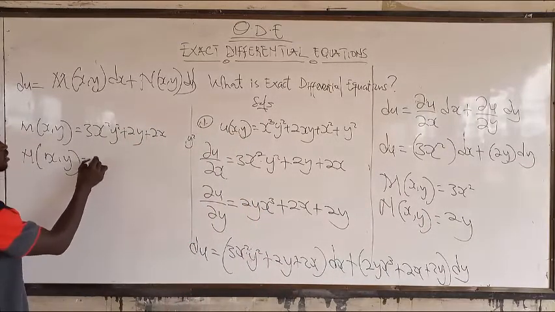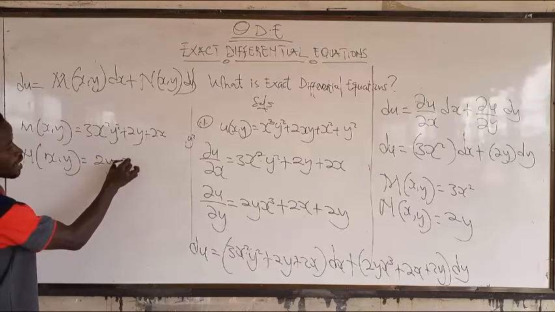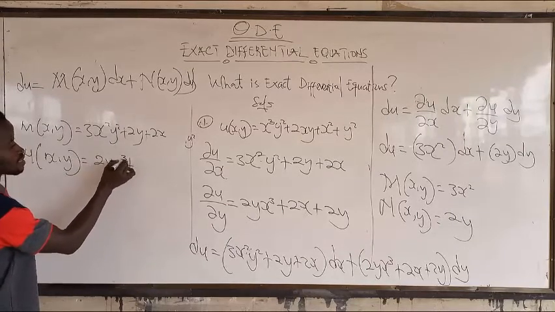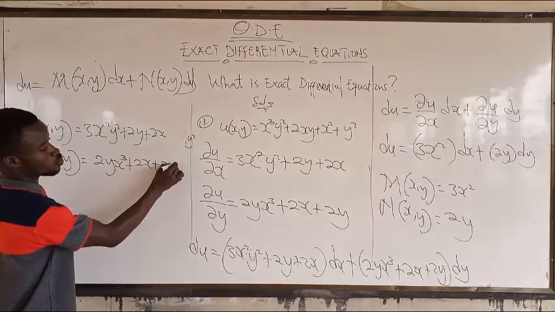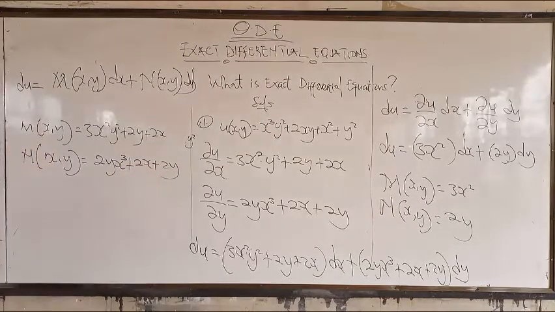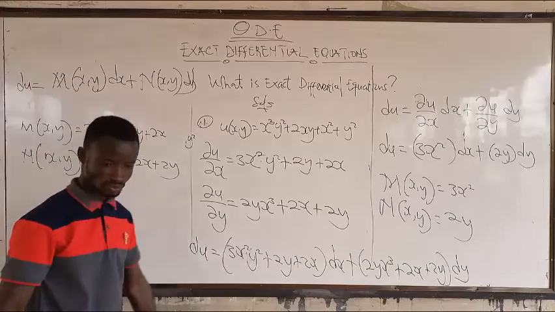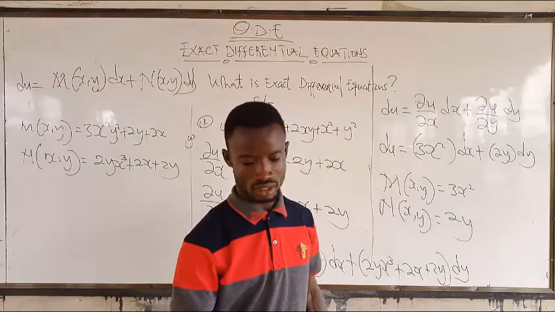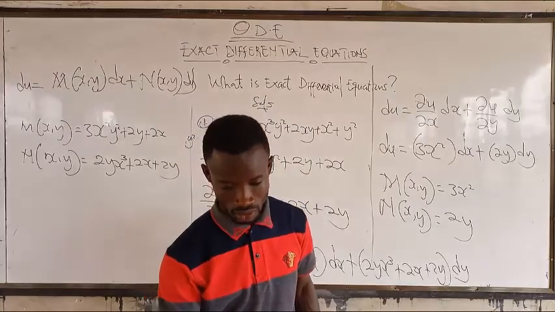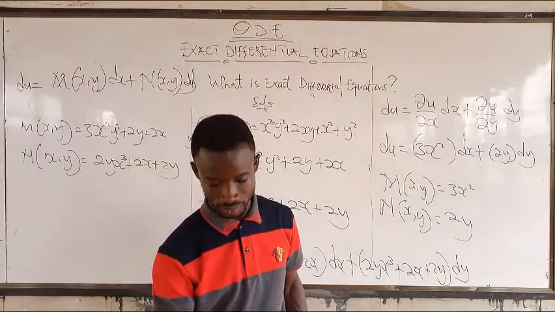So that is 2yx squared plus x cubed plus 2x plus 2y. That's that. So that is the total derivative of that.